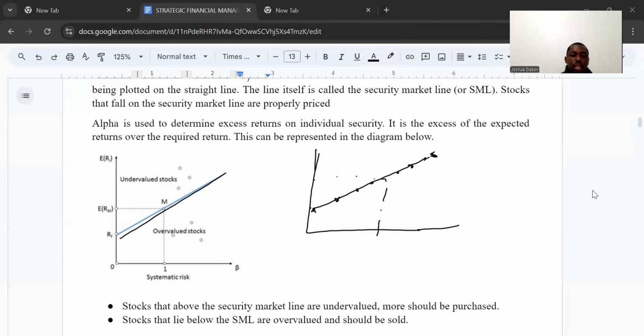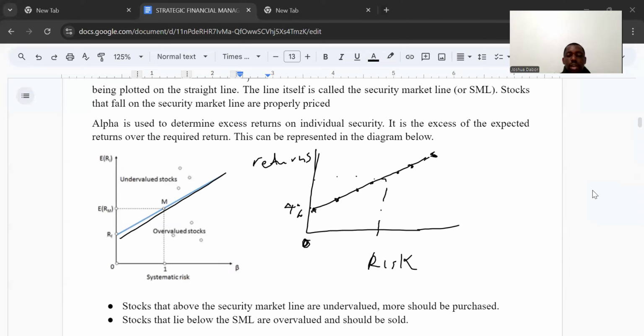Okay, so let me assume that this is zero. So this is where your risk is, which is the systematic risk. And this is your return. So when risk is zero, just like the question we saw, the risk-free rate was given to be 4%.